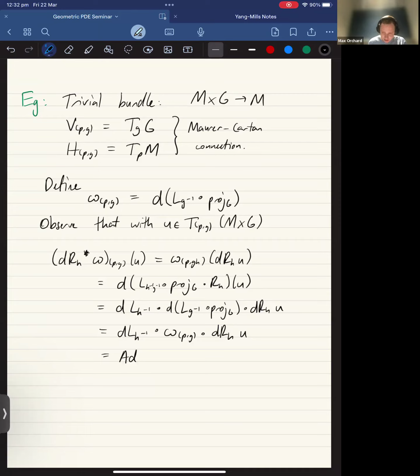So this is exactly the adjoint of H inverse of this guy here. So it satisfies the right invariance condition here. Now, this is the connection form for the Maurer-Cartan connection. And I guess you could also verify, if you wanted to, that the fundamental vector field property is preserved, but I'm not going to do that here. I think it'd be fairly easy.